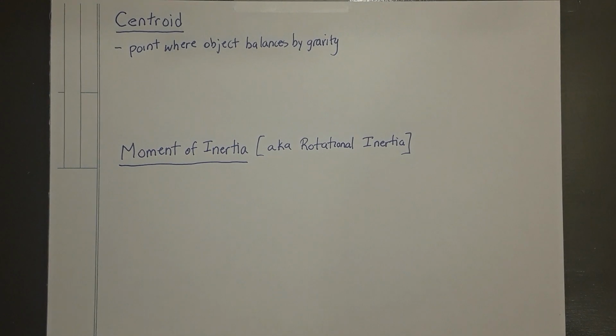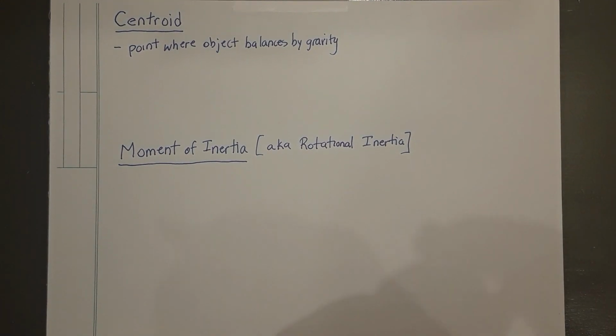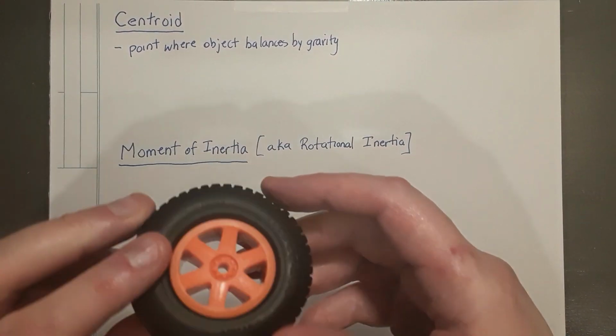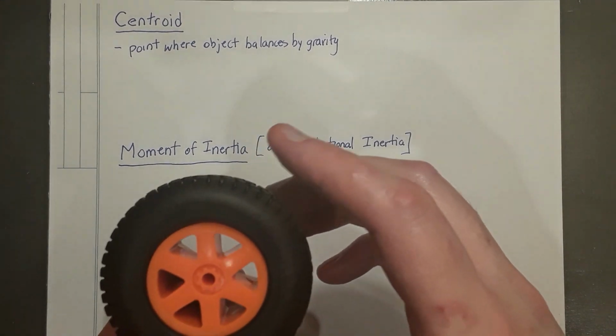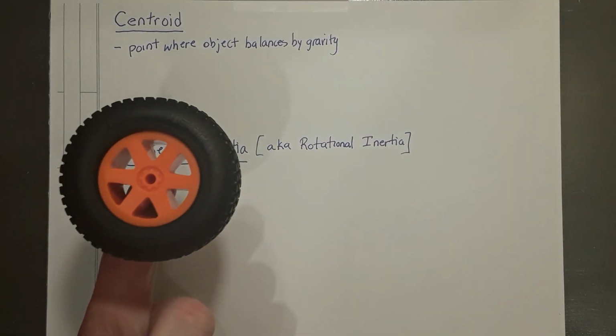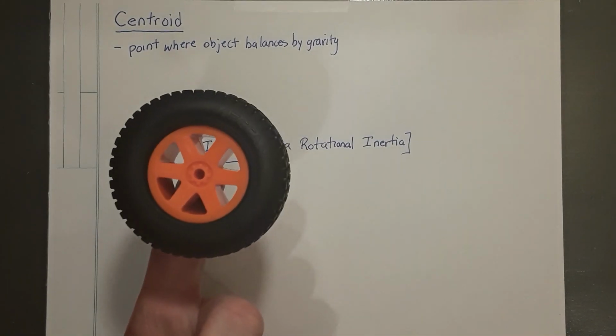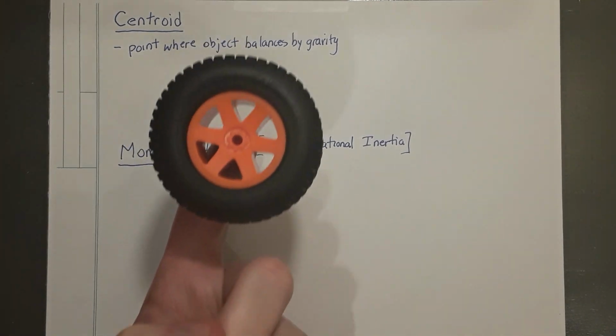So if I were to take an object like this wheel and put my finger at the centroid of the object, it will balance on my finger.